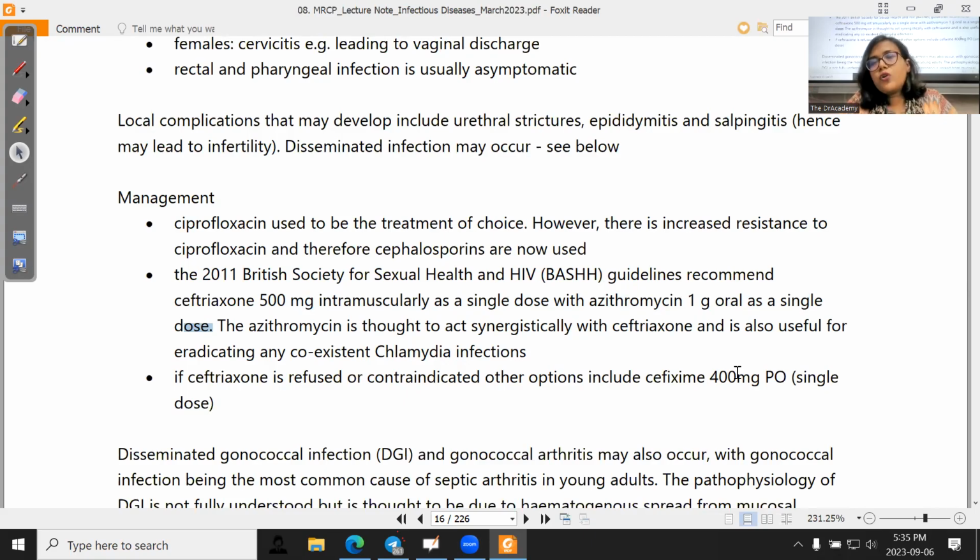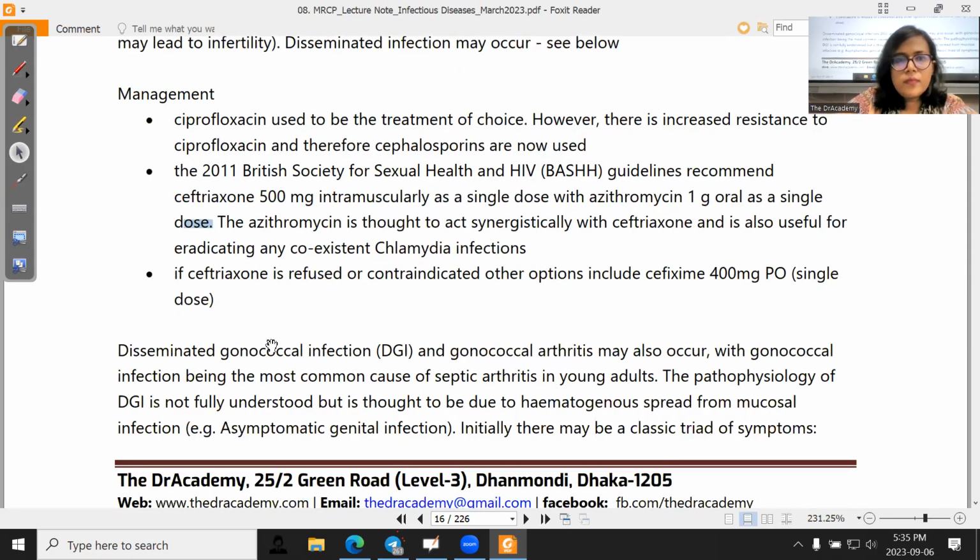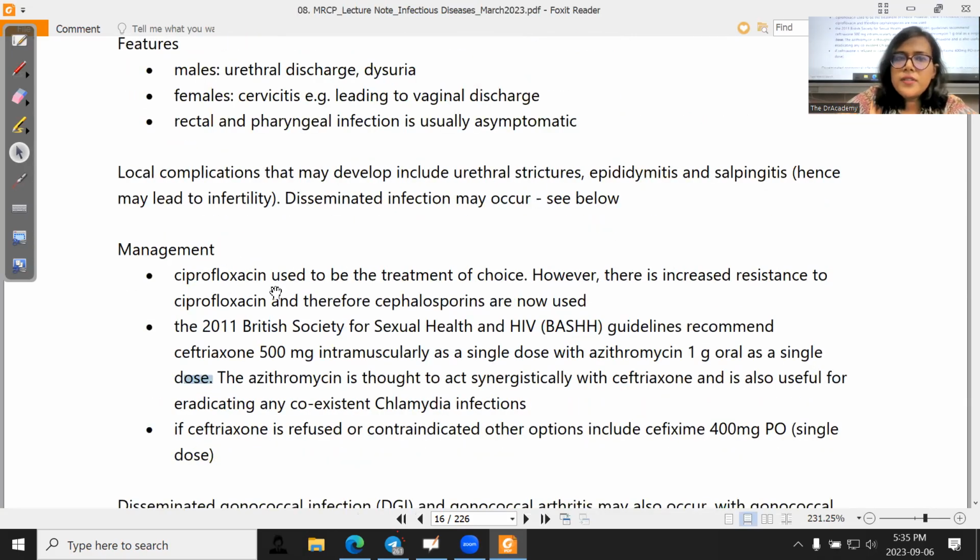Once a patient tests positive for gonorrhea, as chlamydia is so prevalent, they do not take any risk and treat chlamydia along with it. No need to remember ciprofloxacin; it is no longer used in gonorrhea.